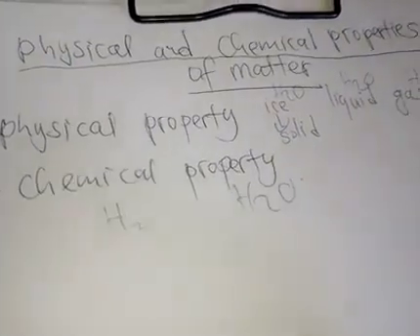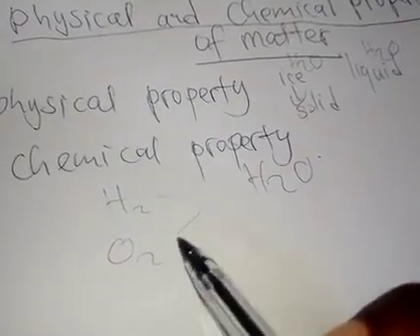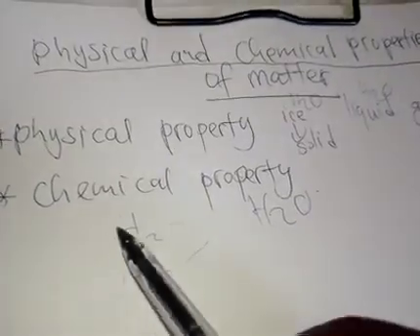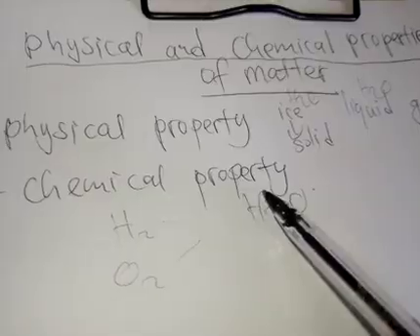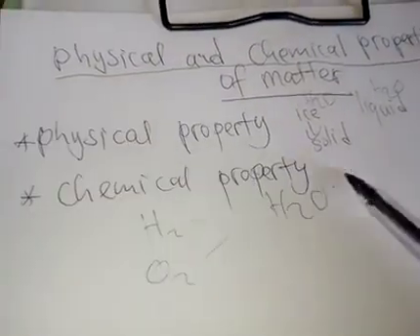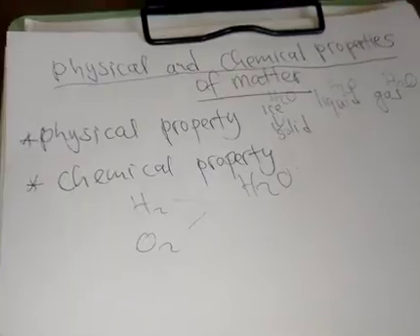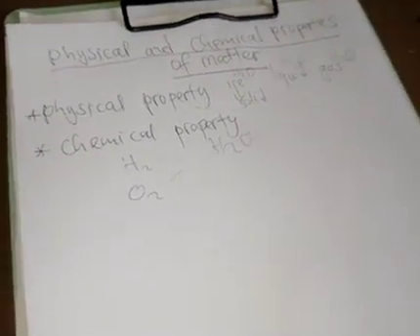Initially you had hydrogen and oxygen separately. Then you burn hydrogen in oxygen and you find that you end up with H2O. So here a chemical reaction has taken place. A chemical property is one that is observed if there is a chemical change or a chemical reaction taking place. Hope you have understood the differences between a physical and a chemical property.